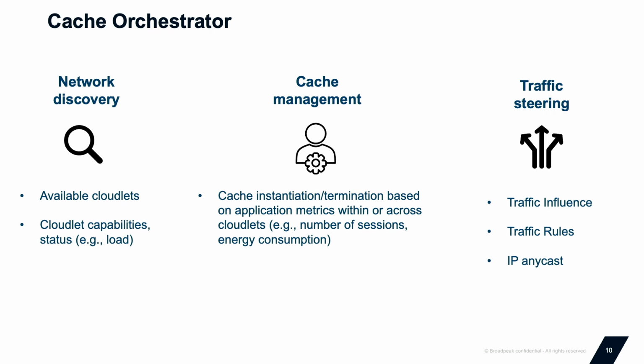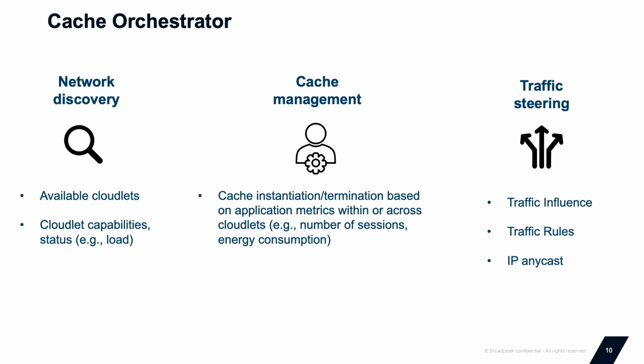We rely on three complementary mechanisms for traffic steering: traffic influence, traffic rules, and IBNE cache. Traffic influence is used by the orchestrator to tell the mobile network to forward the traffic from the mobile user to the target cloudlet. It is based on the 3GPP traffic influence API.